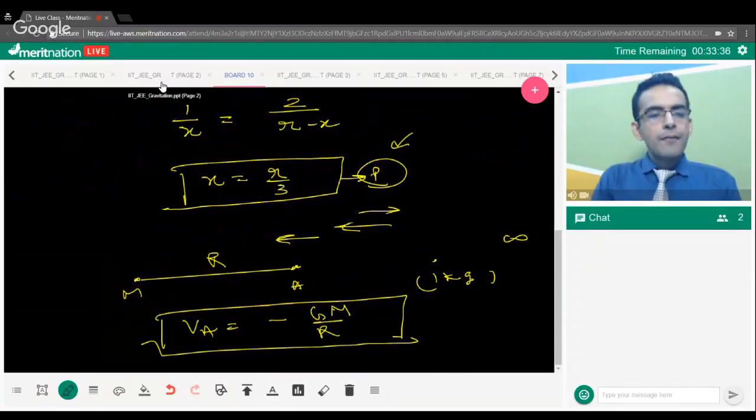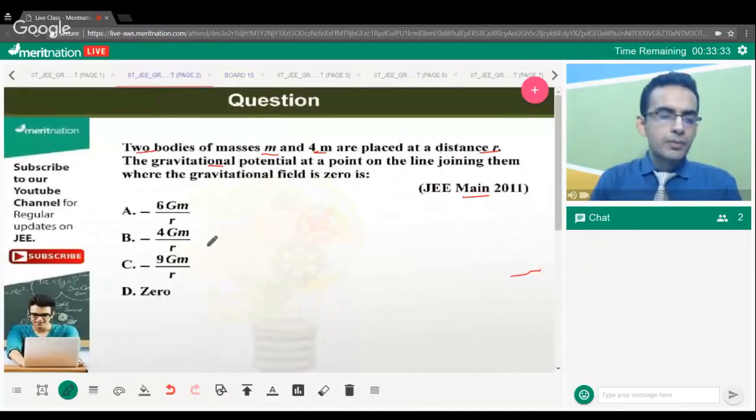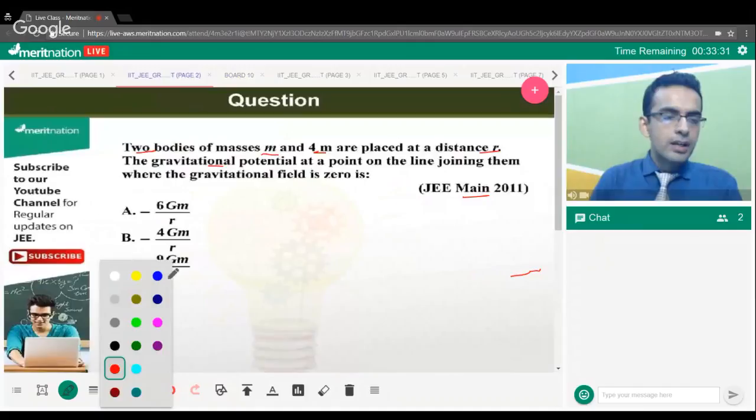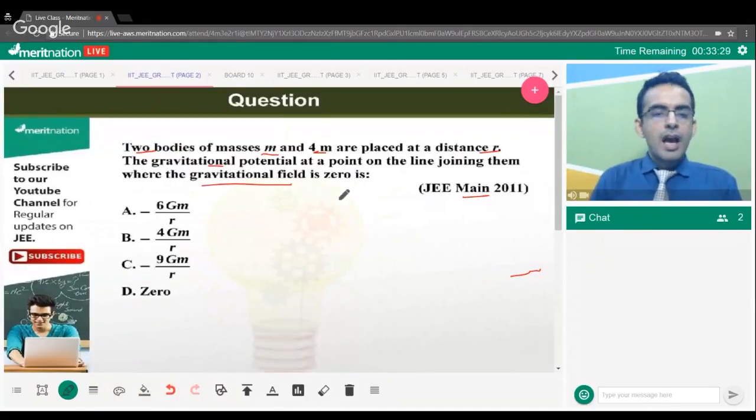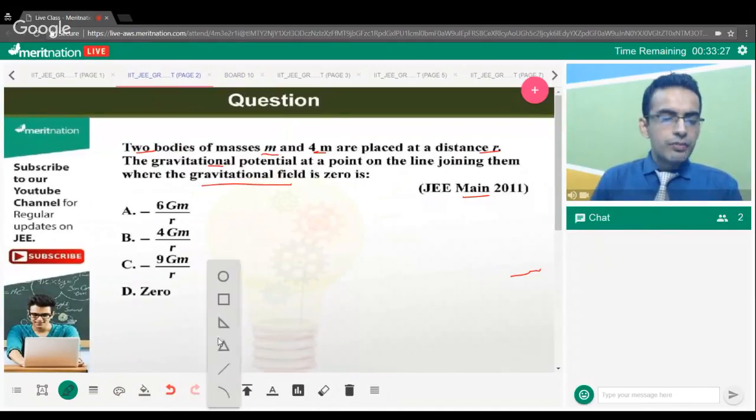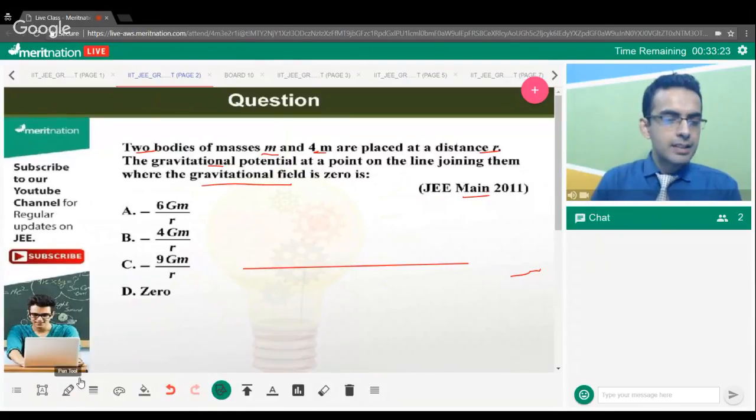Now we have to find the total gravitational potential at a point where the gravitational field is zero. And in this question, we have found that that point lies at a distance of r by 3 from the mass small m. Okay. And that means this point at point P.